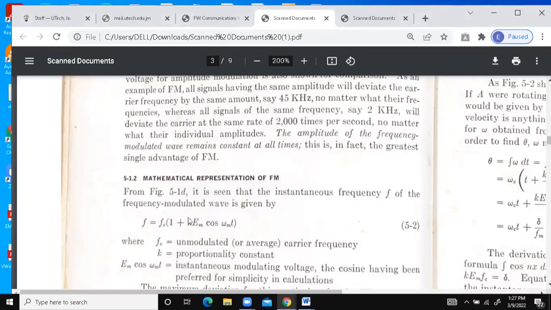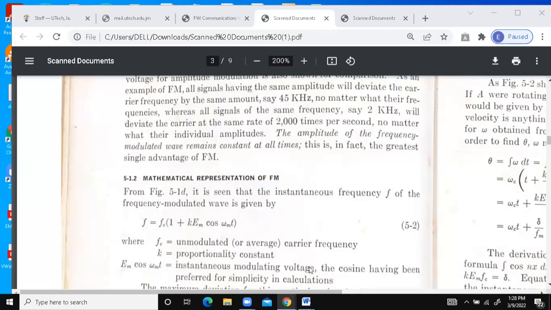Okay. So fc is the unmodulated or average carrier frequency. K is a proportionality constant. Em cos omega t is the instantaneous modulating voltage.